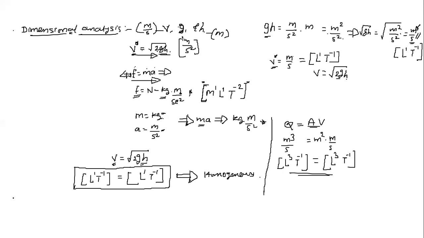So, methods of dimensional analysis. In short, I'm writing here: two methods are there, Buckingham pi method and Rayleigh's method.